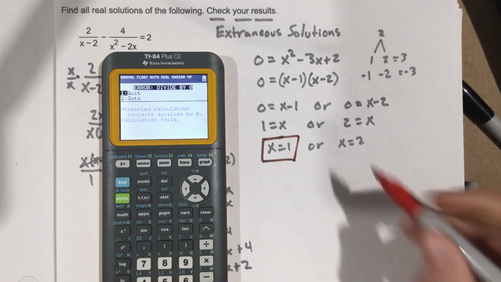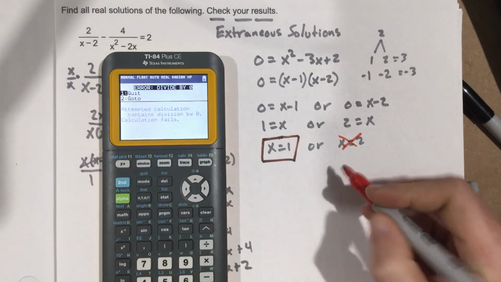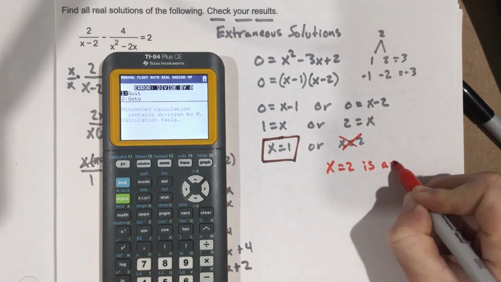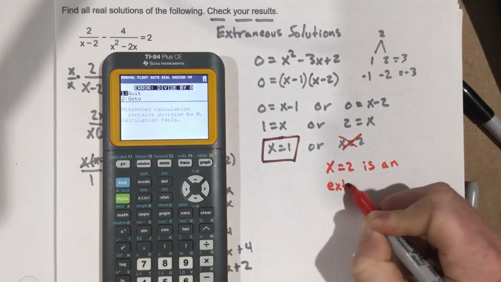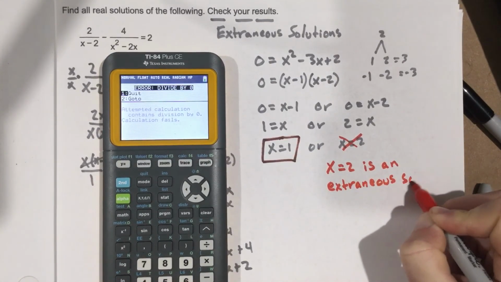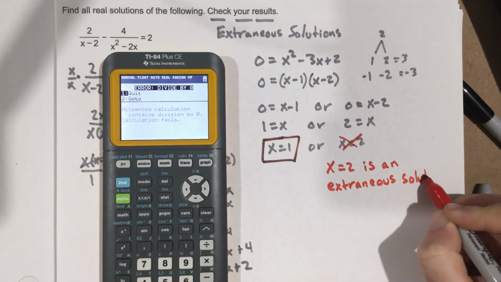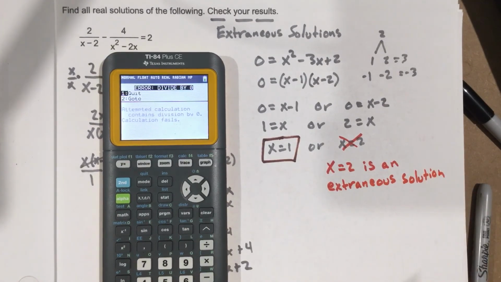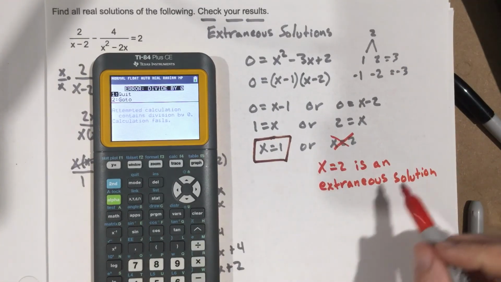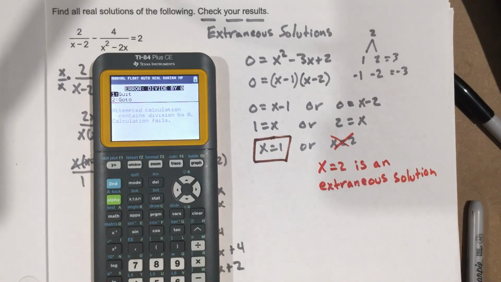So we're going to cross this out, and we're going to say x equals 2 is an extraneous solution. So x equals 1 is our solution. This one's extraneous, so it's not a part of our solution set.